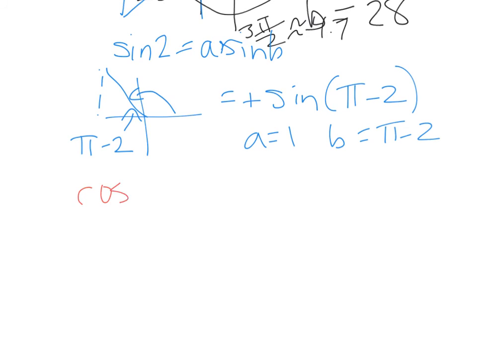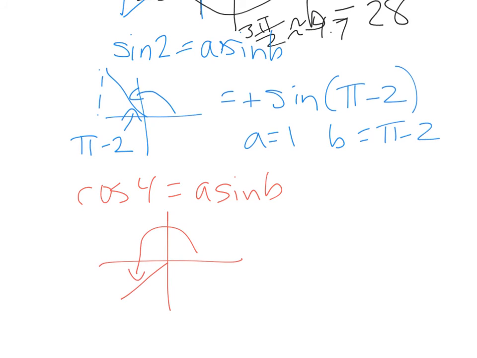Okay, so cosine of 4, what is that in terms of sine? Okay, 4 is greater than 3.14 and less than 4.7. So we're going to be in quadrant 3. So to find that acute angle here, normally I'd do the angle minus 180. In this case, I'm going to do the angle, which is 4, minus 180, which is pi in terms of radians.